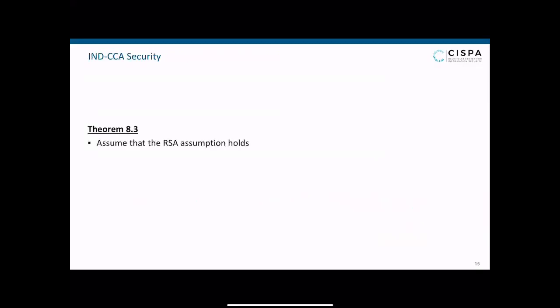So assume that the RSA assumption holds, and assume further that H is modeled as a random oracle. Recall that the random oracle was this idealized hash function, which on input a fresh value, anything you haven't queried before, outputs a fresh random string, and you only get black box access to this hash function.